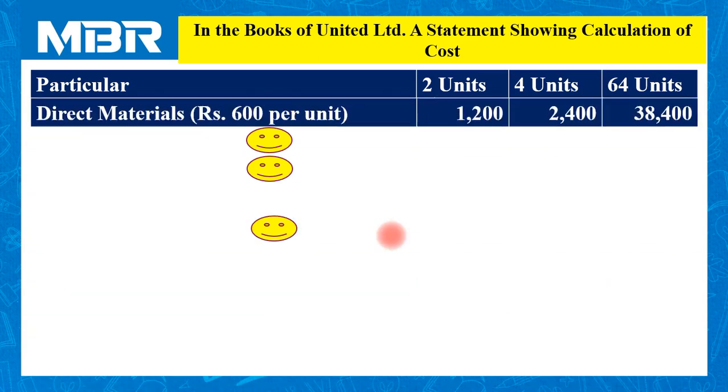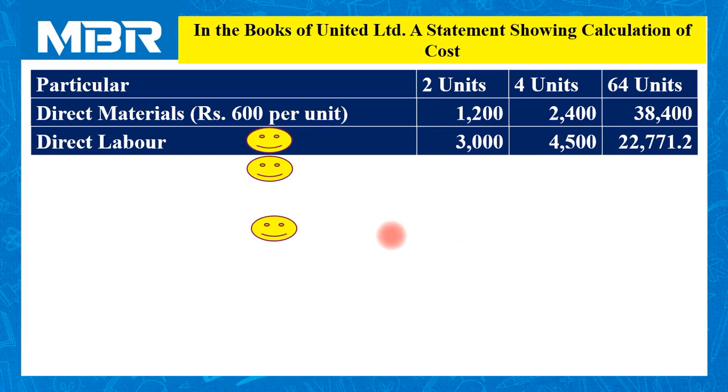Direct materials, as per the information given in the question, are rupees 600 per unit. So when we are making 2 units, 600 per unit multiplied by 2 is 1200. For 4 units, 2400, and 64 units multiplied by 600, total 38,400.